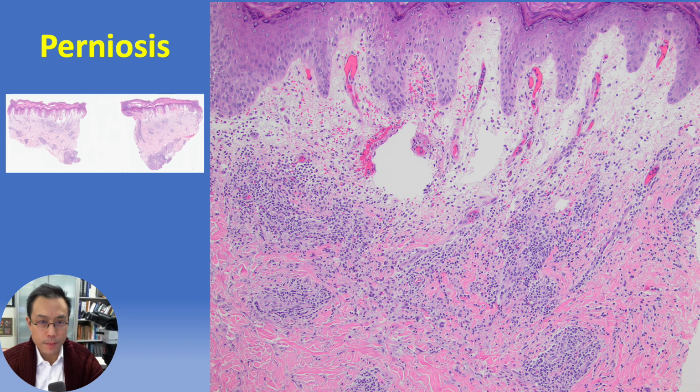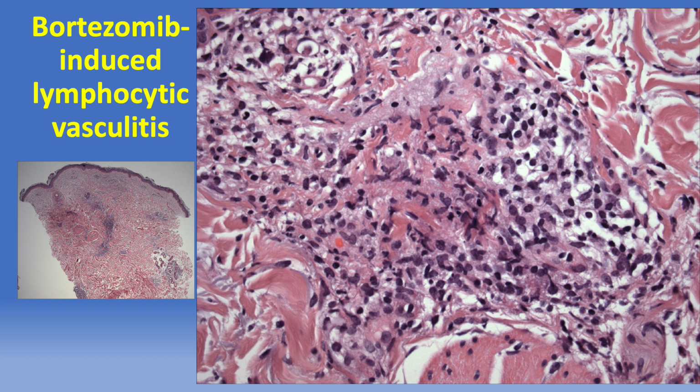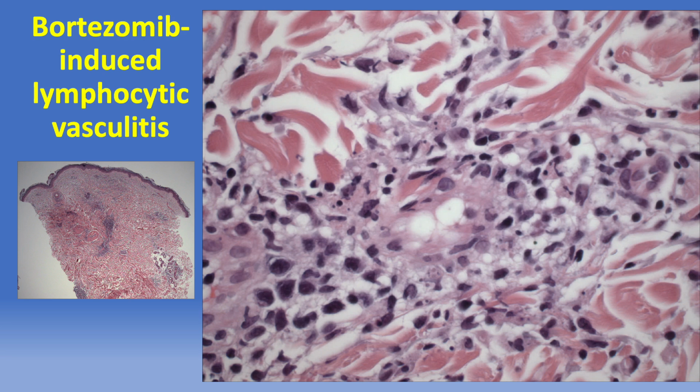And one more example with the characteristic marked papillary dermal edema and deep dermal perivascular lymphocytes, with extravasated erythrocytes and limited nuclear dust, but lacking intact neutrophils. Here we have vascular fibrin in drug-induced lymphocytic vasculitis, associated with lymphocytes and nuclear dust, but without intact neutrophils.